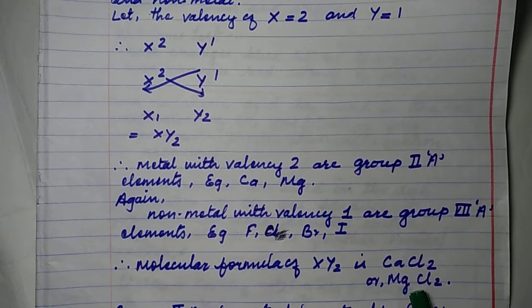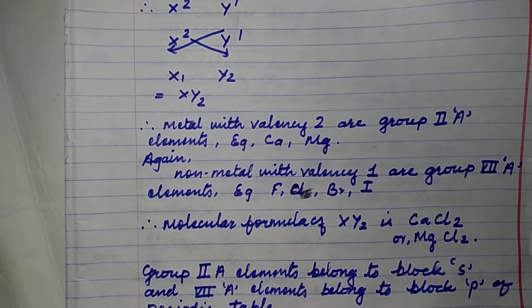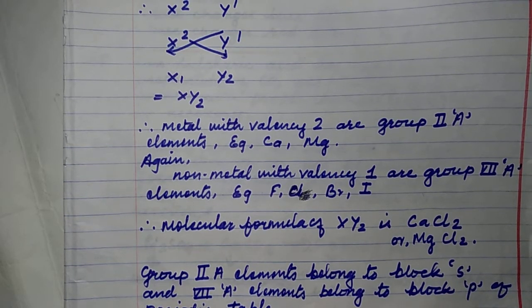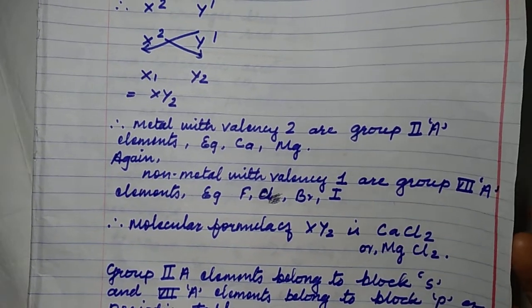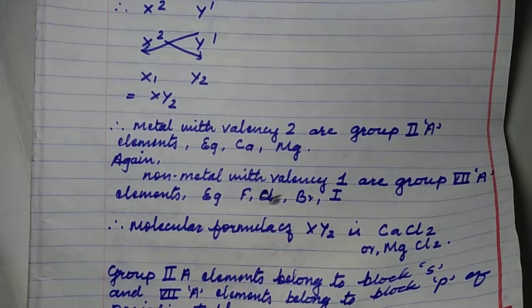We have found groups, now we are going to find blocks. Group 2A elements belong to block S, whereas group 7A elements belong to block P of the periodic table. So this way we have found the group number as well as blocks of these elements.